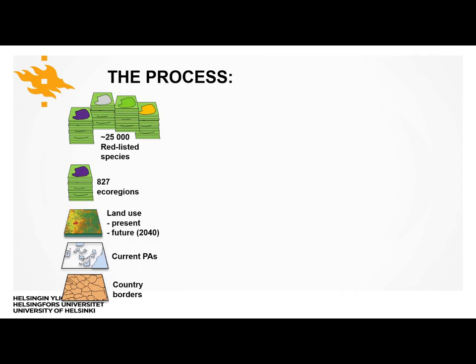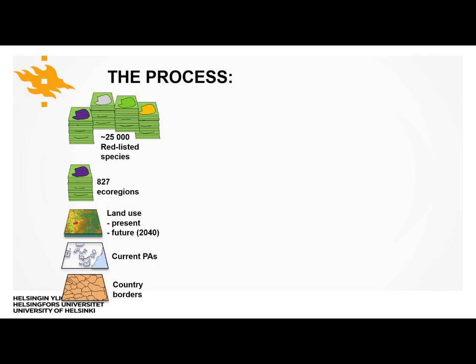Okay, there I say 25,000, but it's 24,000-something species which have been red listed, so appear in the red list book. They are not all in high need of conservation, but we took them all in, and for all of these, IUCN, the International Union for Conservation of Nature, has created range maps of where those species roughly occur in the world, and we used those maps, which are vector maps.